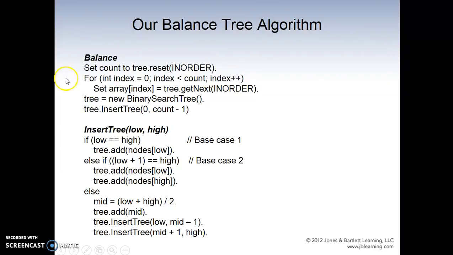So that means our algorithm is going to set count to tree.reset. So we set it to in-order, and we get the in-order into an array. Right. So now we have an array that has an ordered list from the BST.